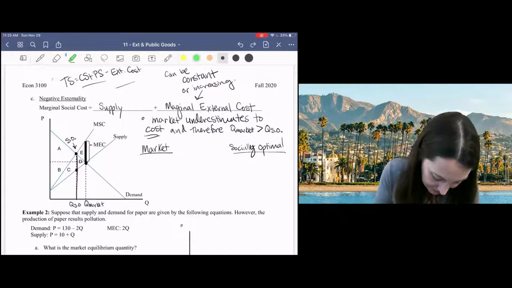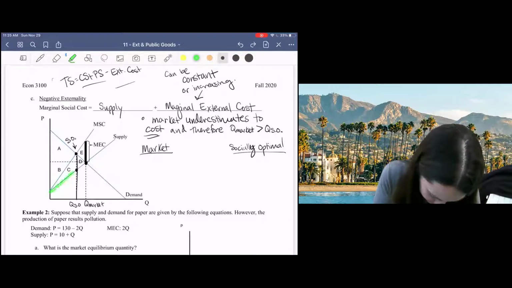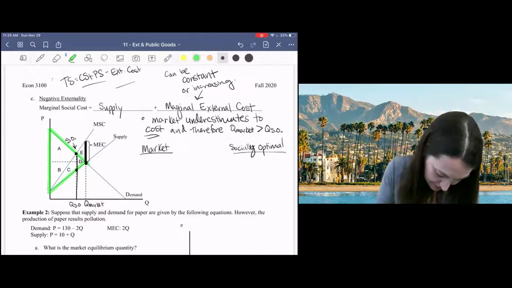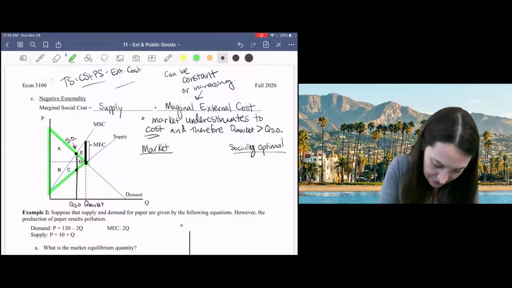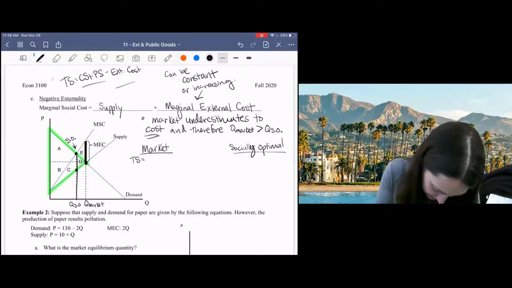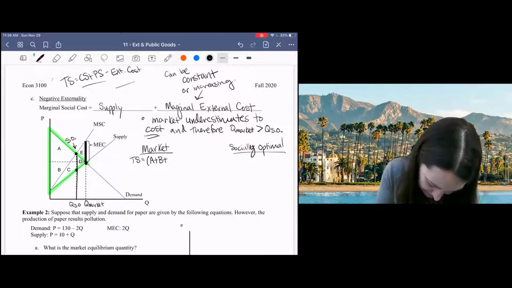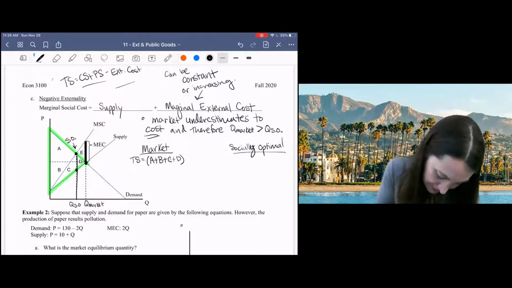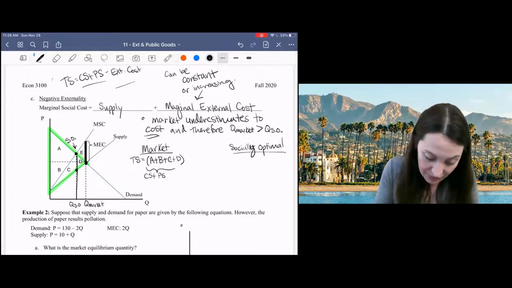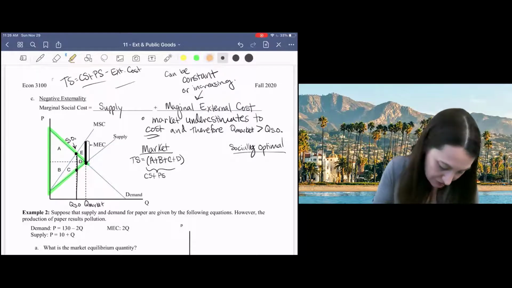At the market equilibrium, you go here, the area between supply and demand out to the market equilibrium quantity. That's our consumer and producer surplus. So that's A plus B plus C plus D. And then we need to subtract off the external cost.